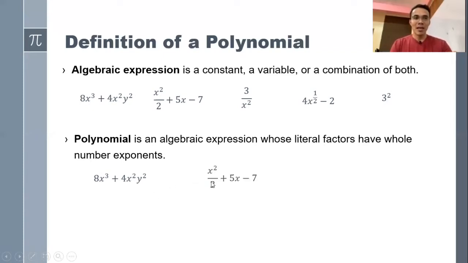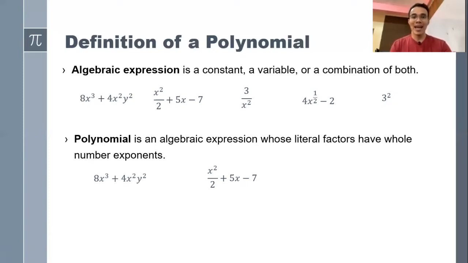Next, the other one is x squared over 2 plus 5x minus 7. All the exponents of x in this algebraic expression are whole numbers. What are these exponents? We have 2 for x squared and 1 for x.